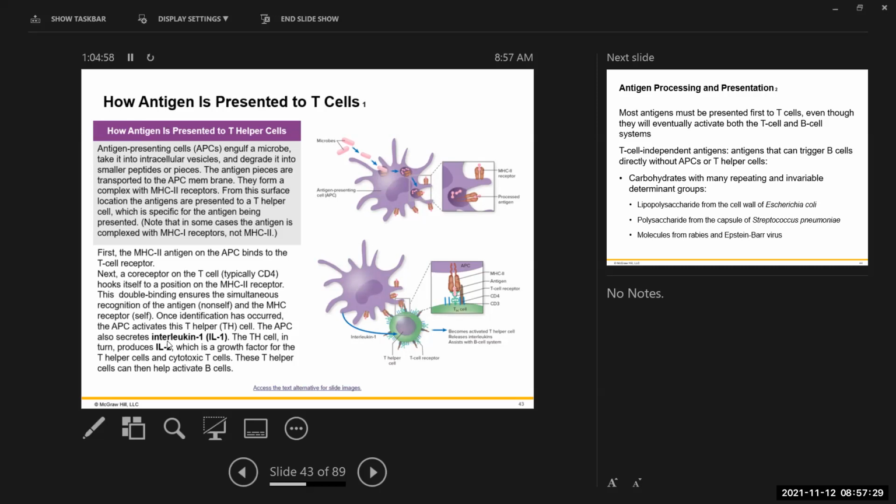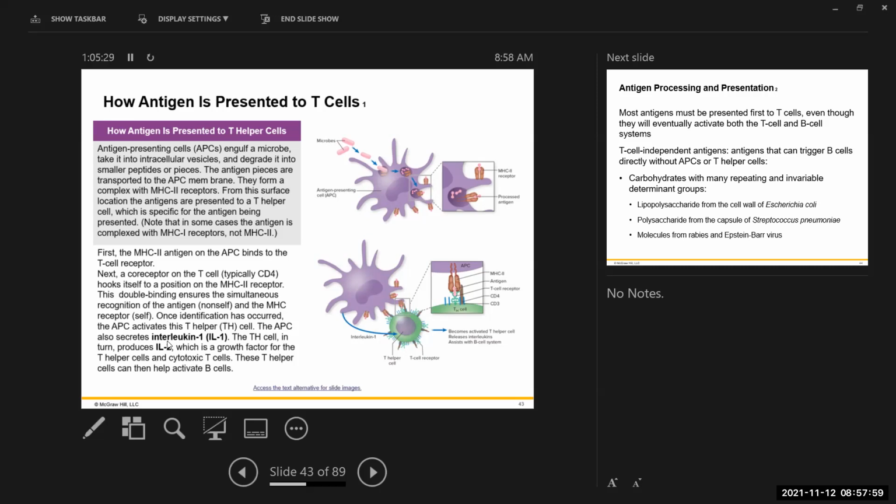Now, typically, these cells will phagocytize the microbe or whatever, and it will fuse it with a lysosome, and the lysosome will break it into lots and lots of pieces. So this piece then is going to go from the lysosome, and it's going to be kept in this little vesicle called an endosome.